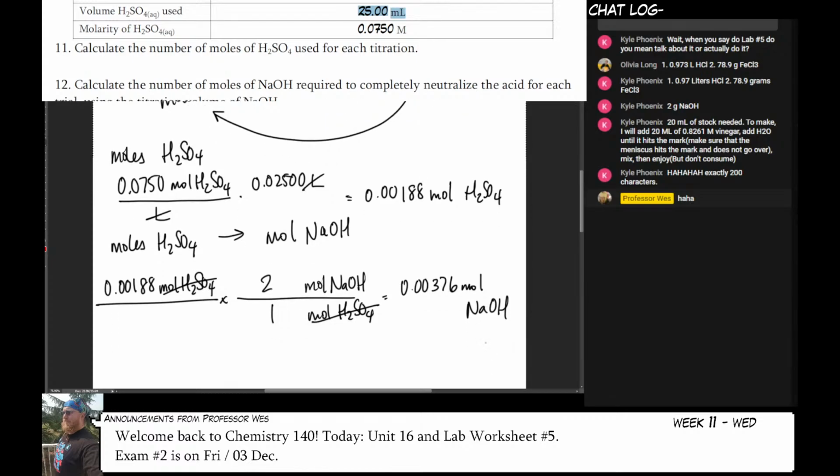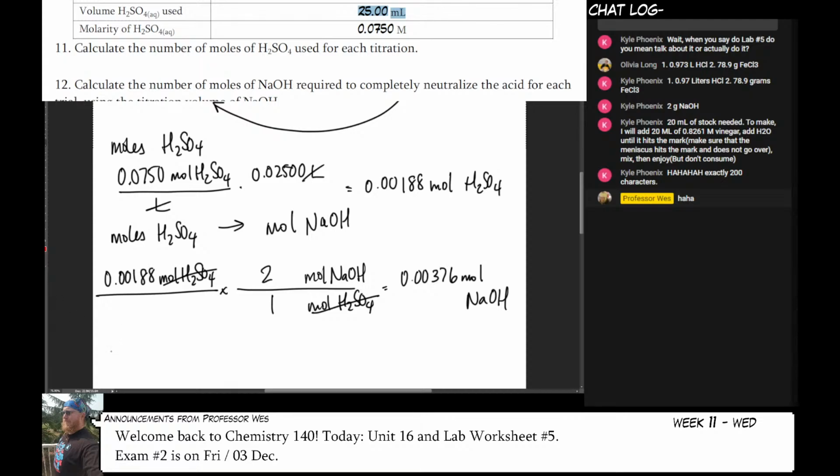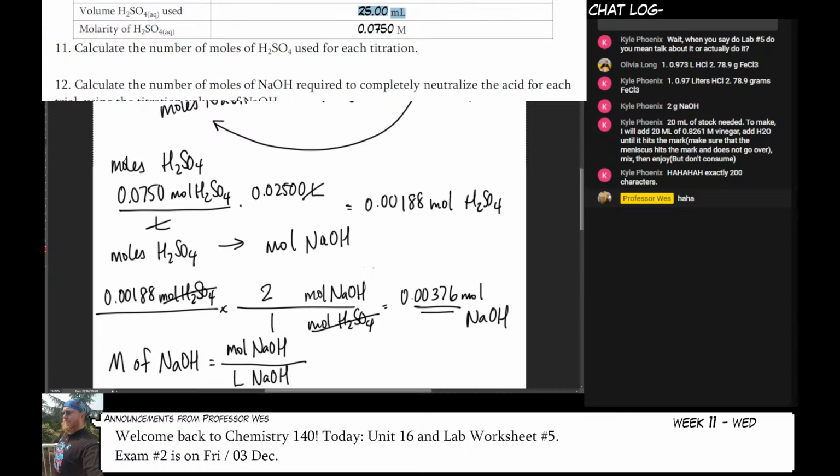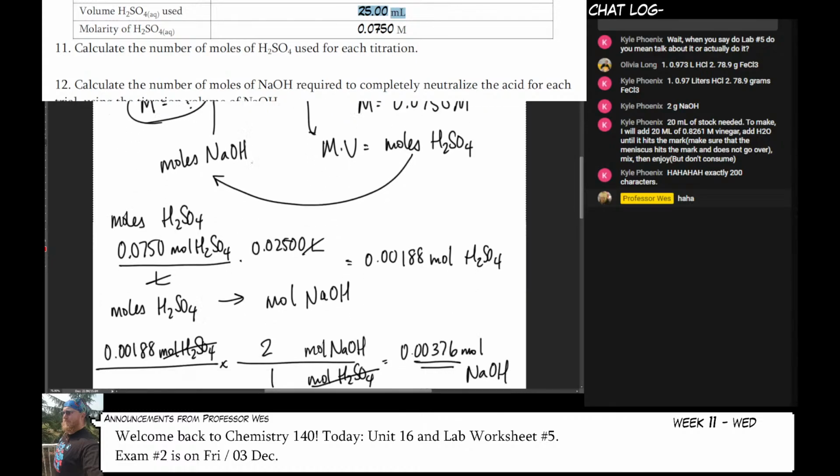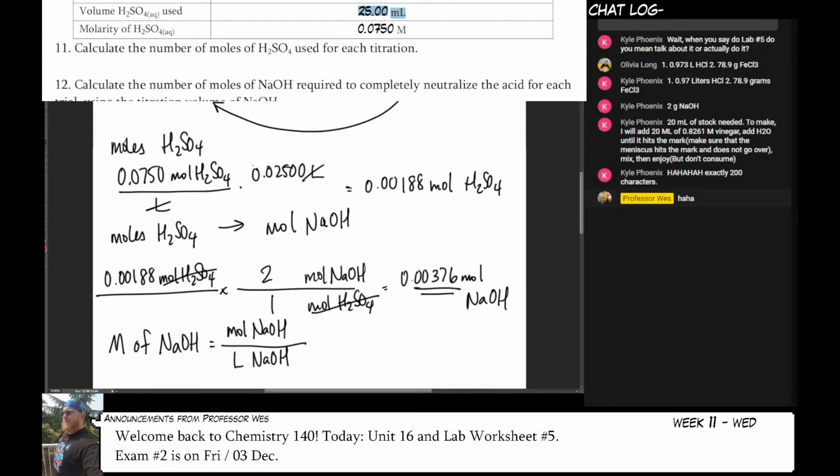And then finally, we need to find the molarity of this. Well, molarity is just moles divided by liters, right? Well, here's our moles right here. What's our volume? Well, our volume is what we used up here. And so if I just divide those two numbers, moles divided by liters, I will get the molarity.